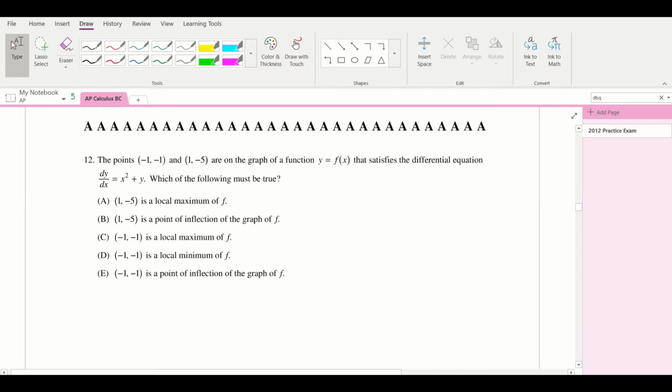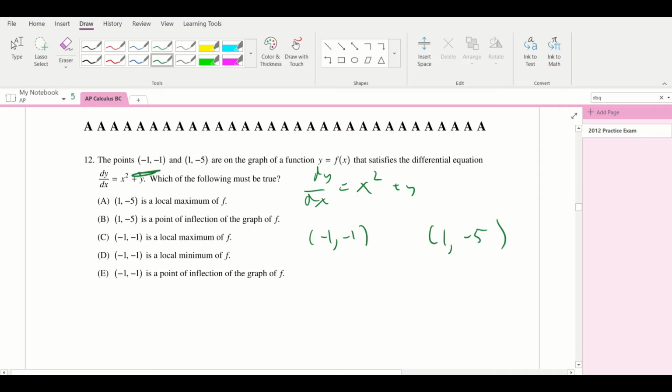All right, so we have the differential equation dy over dx equals x squared plus y. And we have the points -1, -1, and 1, -5 are on it. All right, so we can just plug these values in.